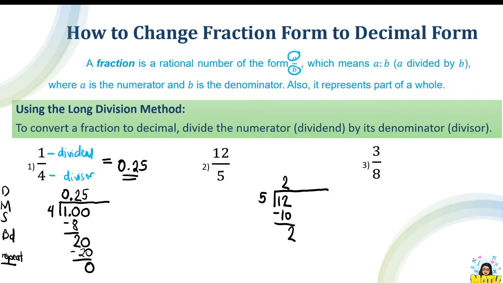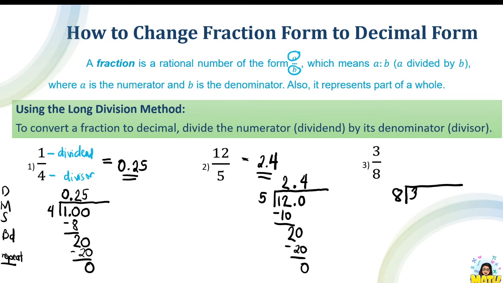And since we still have a remainder, we can continue the division process by adding decimal point and 0, and may decimal point din sa taas. So bring down 20 divided by 5, that is 4, and 4 times 5 is 20. So here we have 2.4.